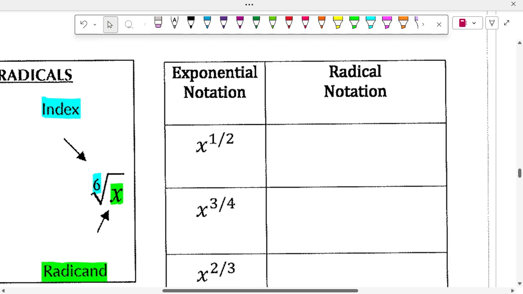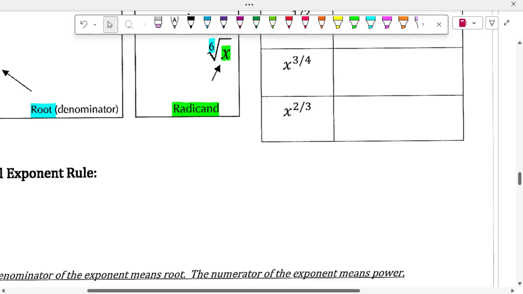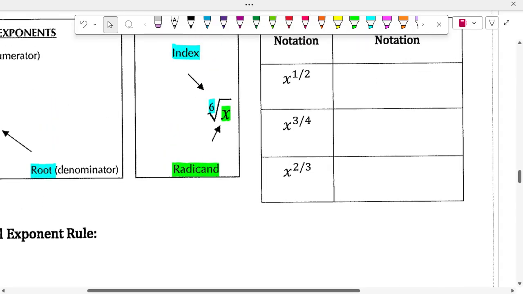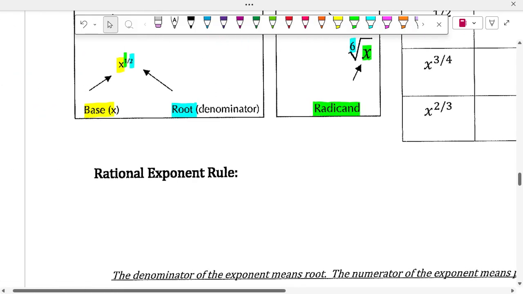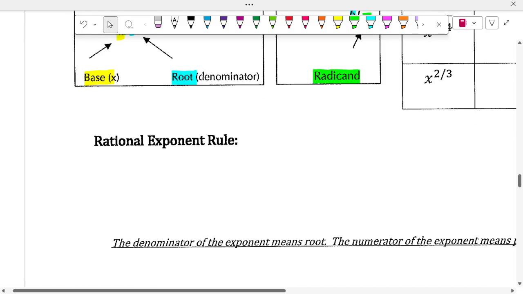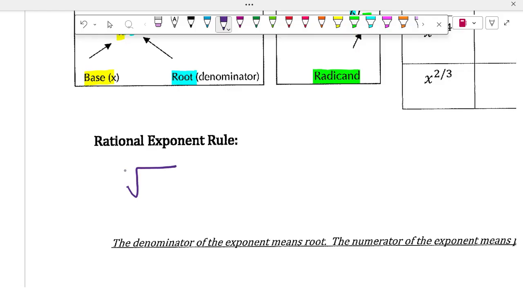Now, why this comes in handy. This helps when we simplify these without using your calculator. So just so you know, the rational exponent rule is if you have the nth root of x to the a power, it could also be the nth root of x, all raised to the a.